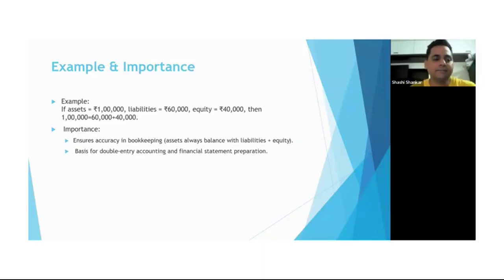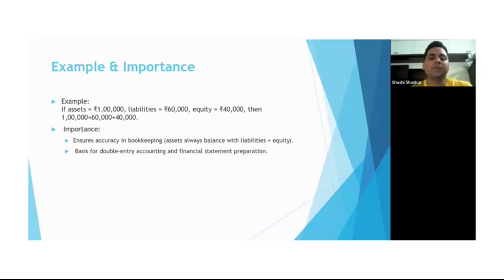Now talking about the importance, what is the importance of the accounting equation? It ensures accuracy in bookkeeping, because as I mentioned, the debit and credit sides should match. With the help of this equation, assets always balance with liability plus equity.